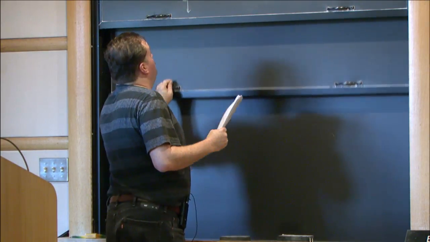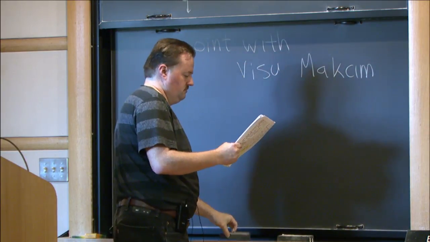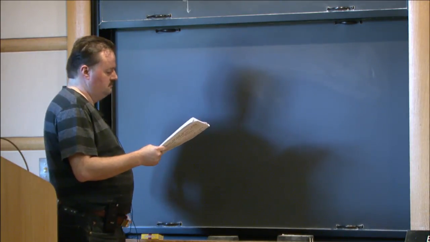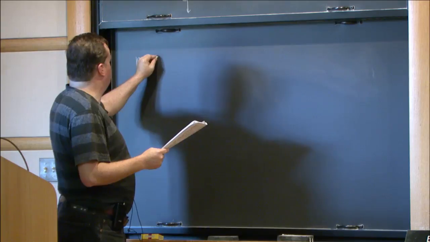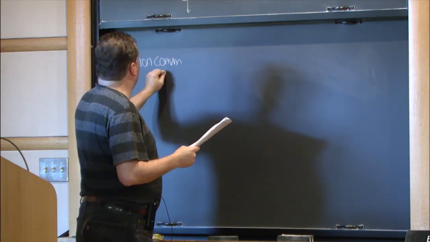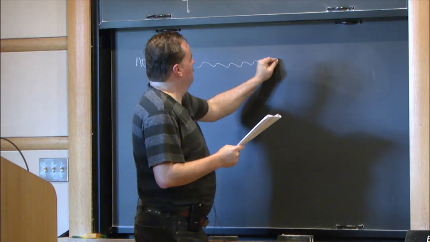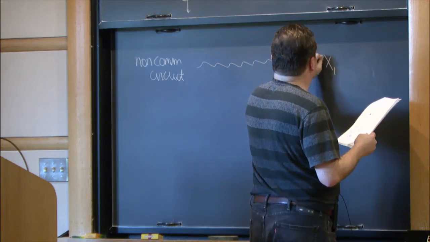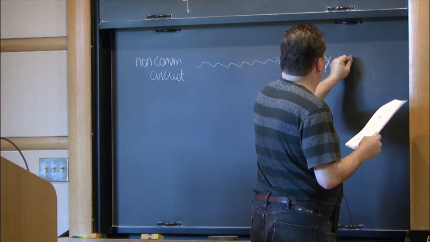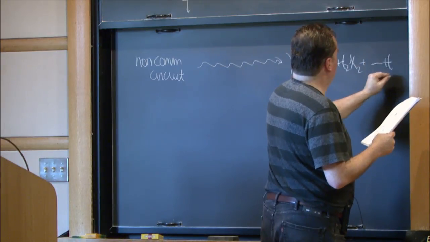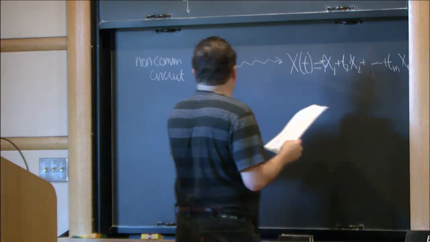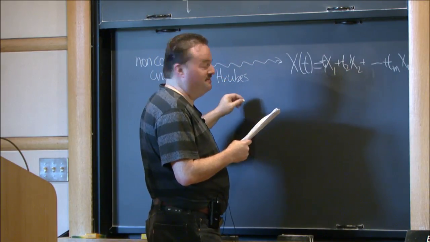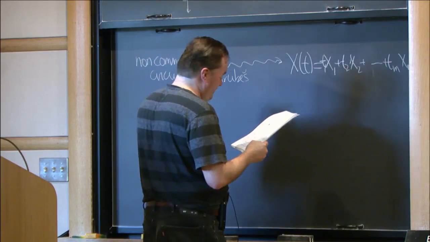Now if you start with a non-commutative circuit, you can make a linear matrix. This is a construction by, I'm not sure how you pronounce that, Robisch? Check, yes. Right.